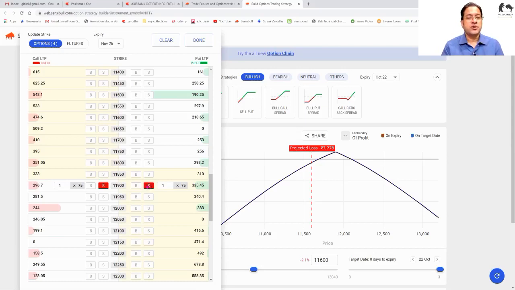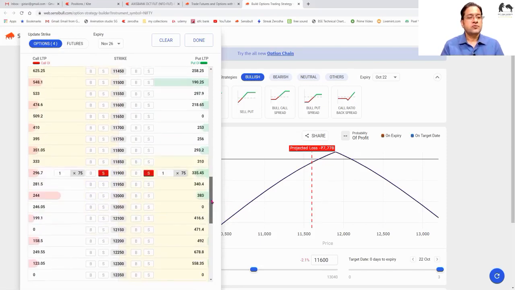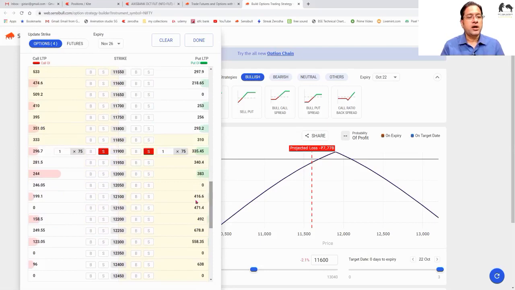So what I'm going to do is buy a call. Since I've sold at 11,900, 600 points above is about 12,500, but it's not trading.